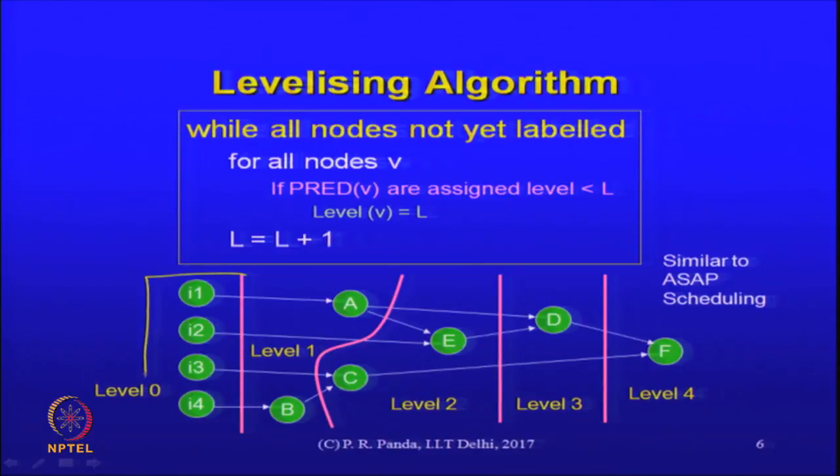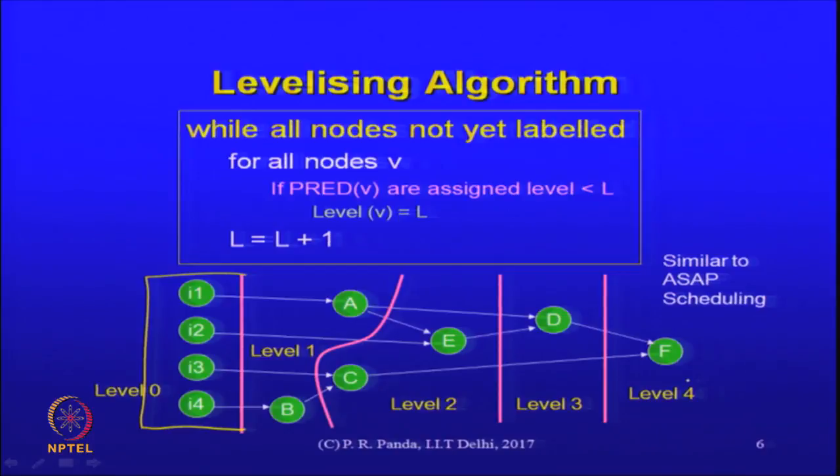So, all of these that do not have any inputs I can pick up, and that is my first level, level 0. All the others that have inputs from what is there at level 0 can be put into level 1. So, that is how level 2 would be defined, 3, 4 and so on.